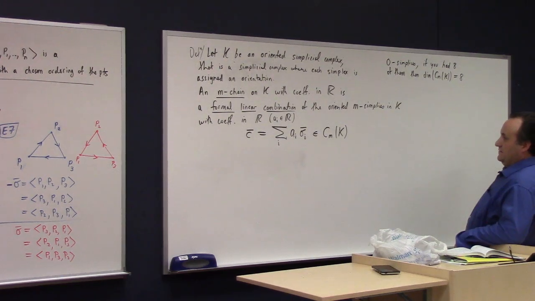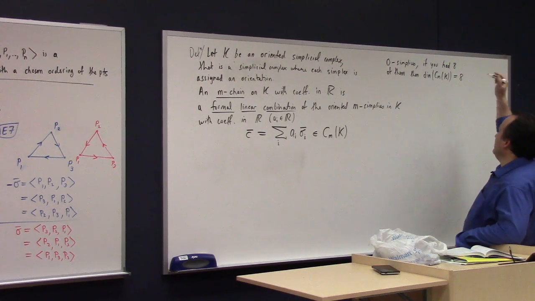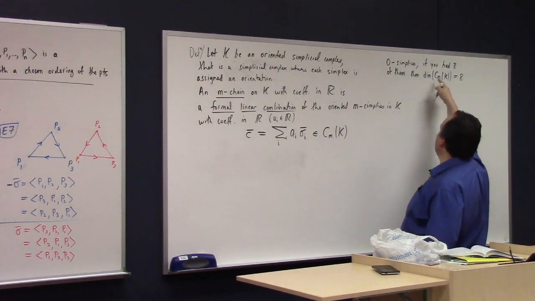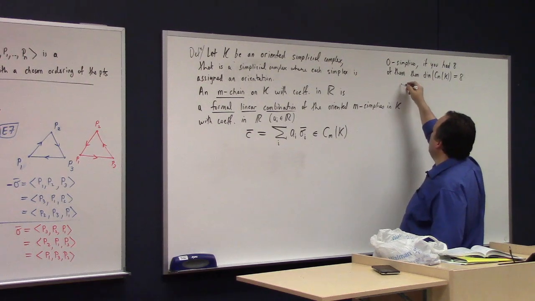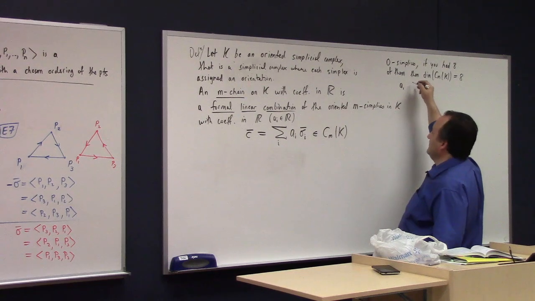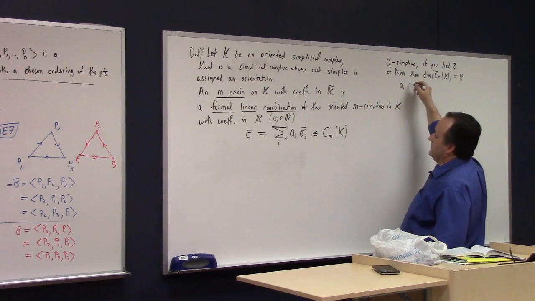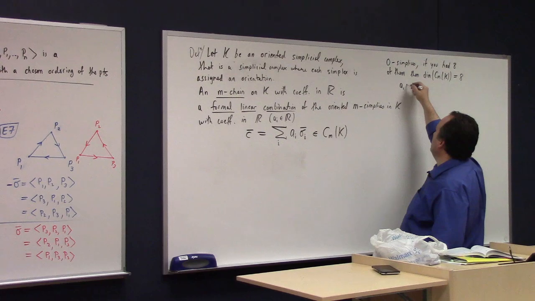Assuming, of course, that we do assume the vertices are distinct. A typical point in here, a formal linear combination, would be something like a1 sigma 1.